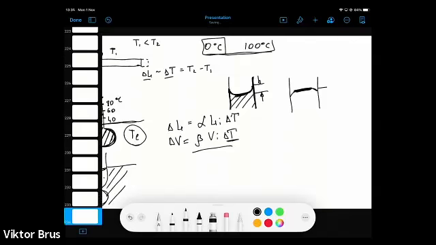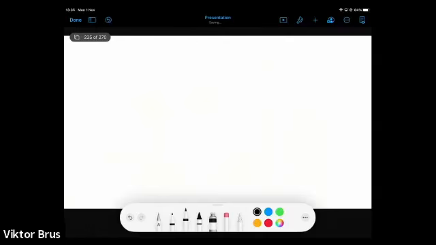So in this case, we will have some tube with a reservoir that is filled with gas. Here we have gas.